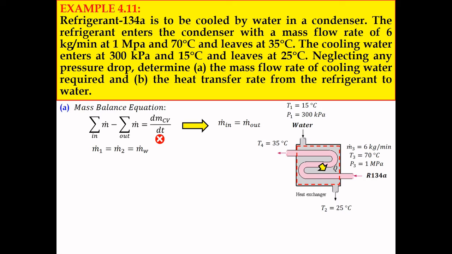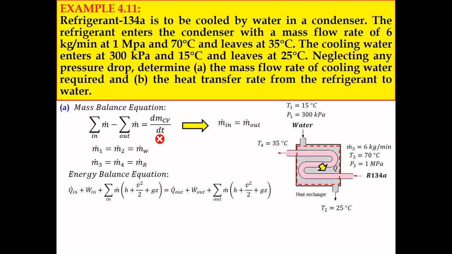Because we have two separate fluids in two different components, we need to apply the mass balance equation separately for each fluid in the system. So m1 dot equals m2 dot, equal to the mass flow rate of the water, m_W dot. However, for the refrigerant R134A, m3 dot equals m4 dot, equal to m_R dot for the refrigerant.